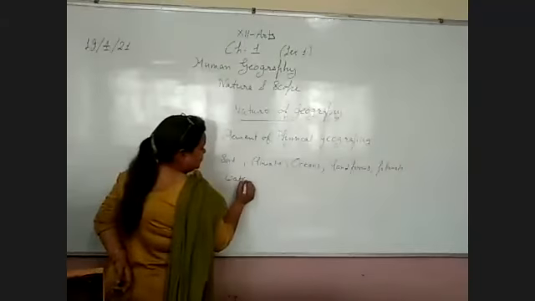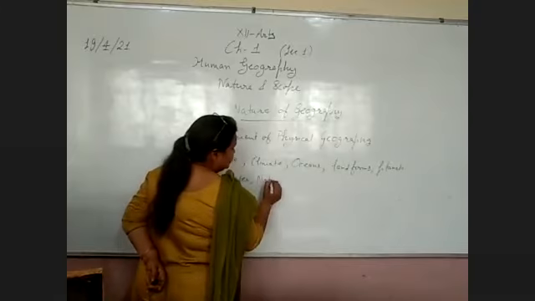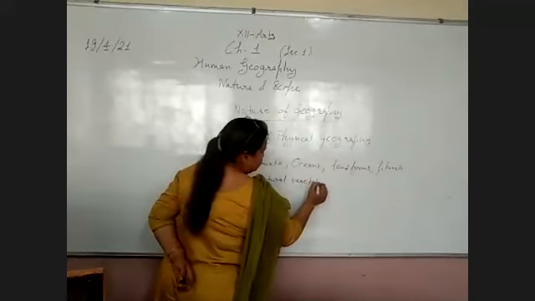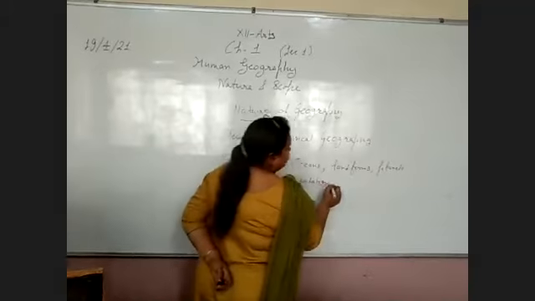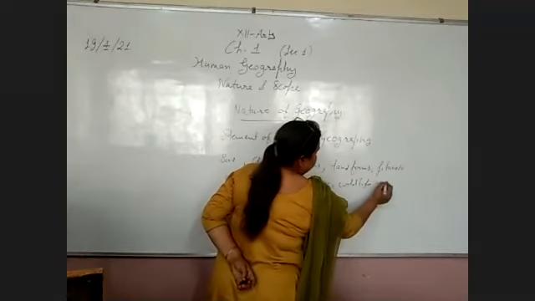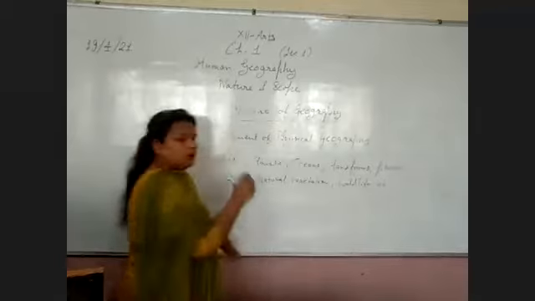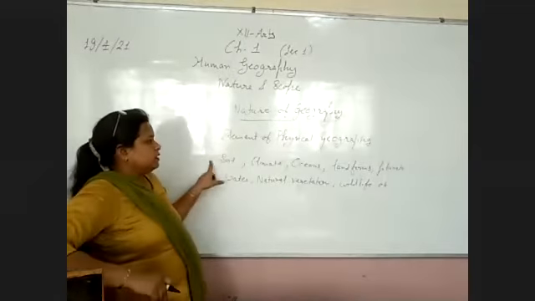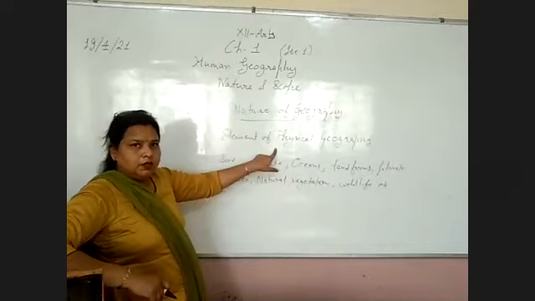Water, natural vegetation, wildlife, etc. All the features which are created by nature are known as the elements of physical geography.